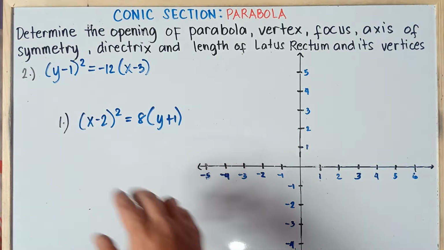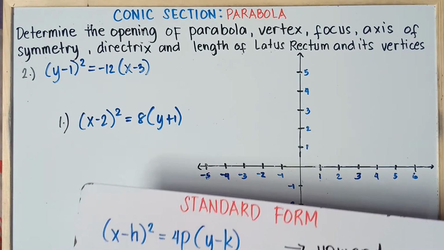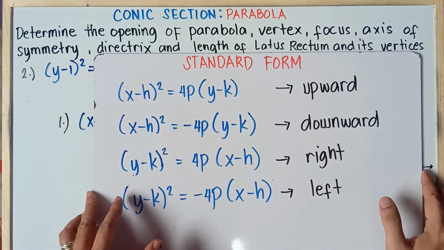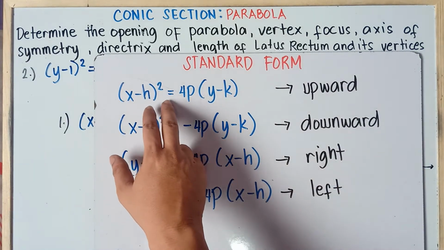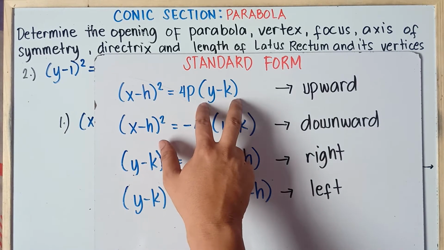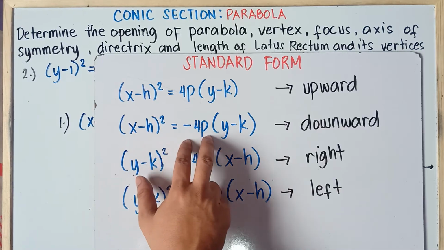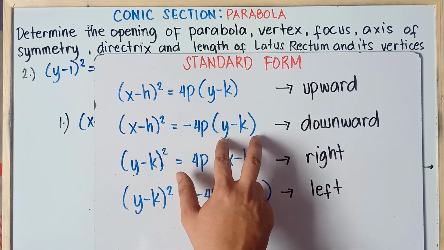Alright, before we answer number 2, we need to understand more about the standard form. The standard form of the parabola is (x - h)^2 = 4p(y - k). We also have (x - h)^2 = -4p(y - k).